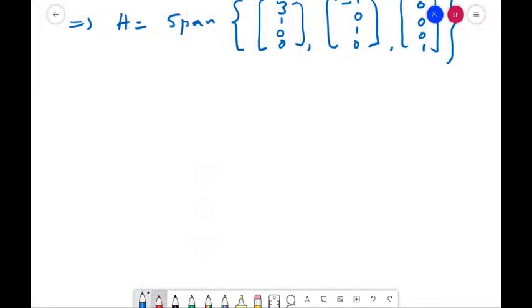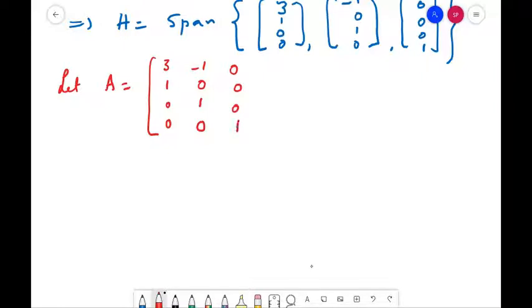We'll consider the matrix with these 3 vectors as columns, that is (3, 1, 0, 0), (minus 1, 0, 1, 0) and (0, 0, 0, 1), and reduce it to echelon form.